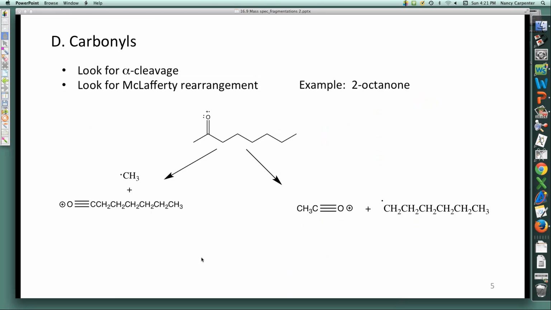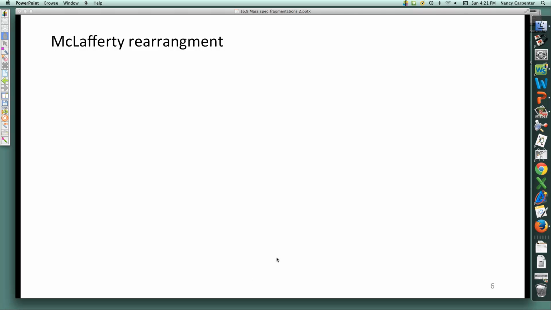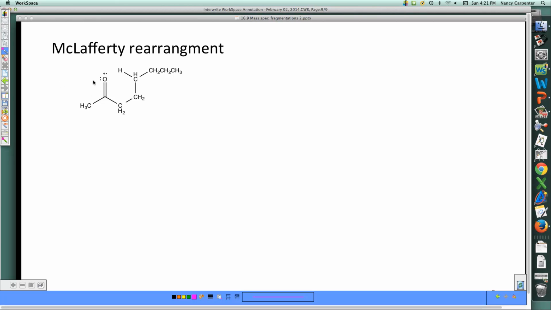Okay, well, this McLafferty rearrangement's the last thing we're going to go through. And you'll see that it's really quite similar to what we saw for the alcohol loss of water mechanism. So here's our molecular ion with the odd electron localized on the oxygen. I'm just going to redraw that, voila, so that again you can see that nifty six-membered ring transition state.